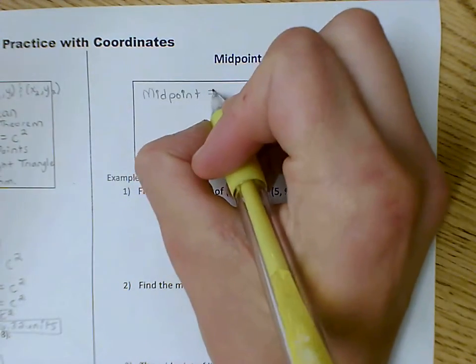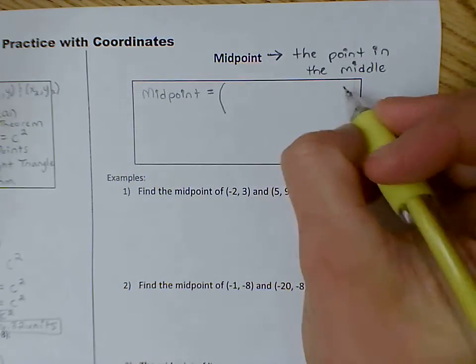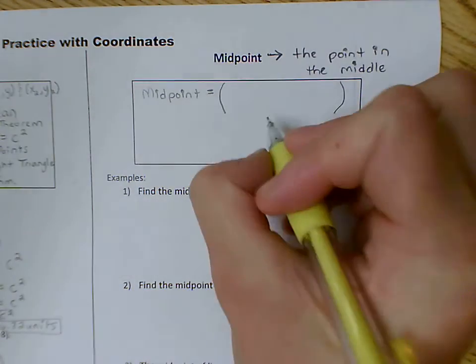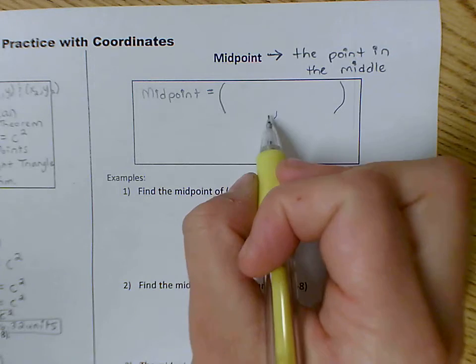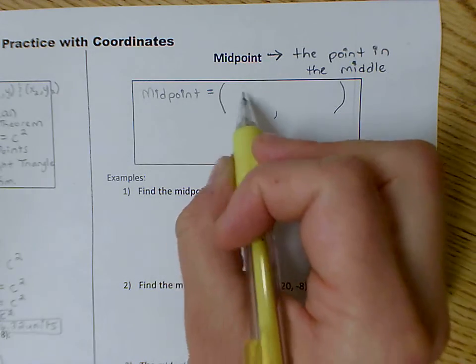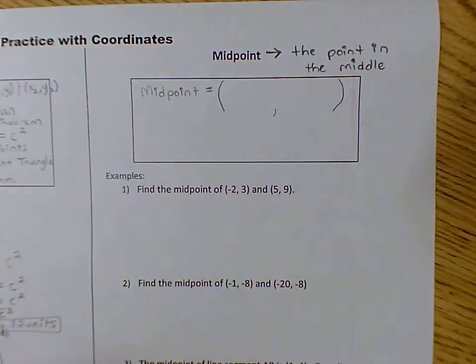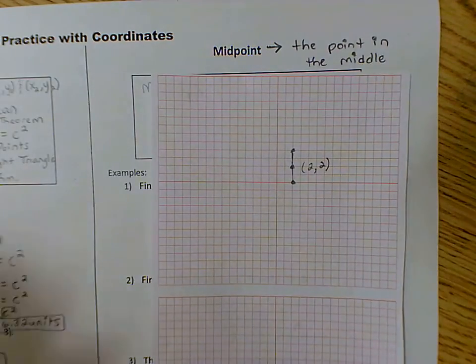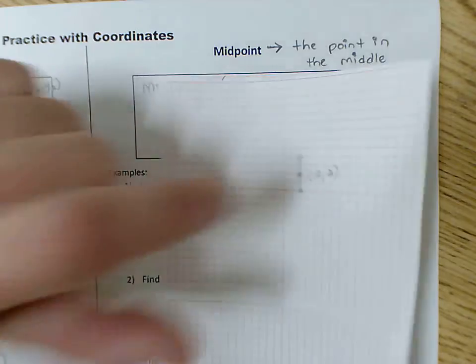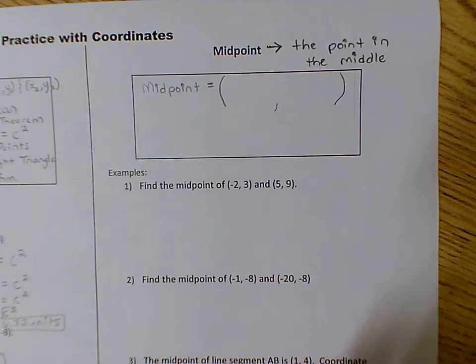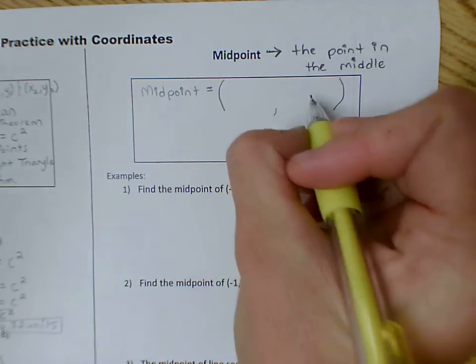So the thing you have to remember is that it's still going to have an x and a y value. So I'm going to just make a big point here, and I'm going to put a comma in the middle of them. So it's still going to have an x part and it's still going to have a y part, just like my example had. That point that was in the middle still had an x and a y value. But this time, you have to know how to find it.